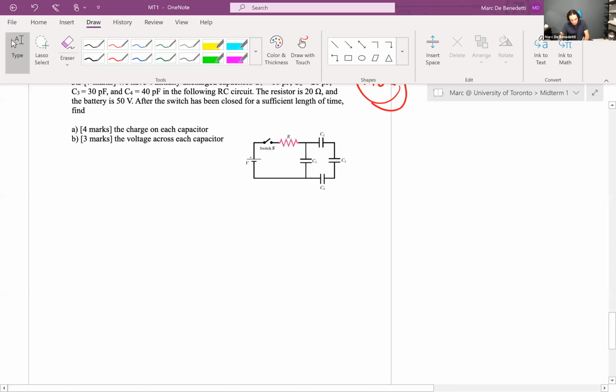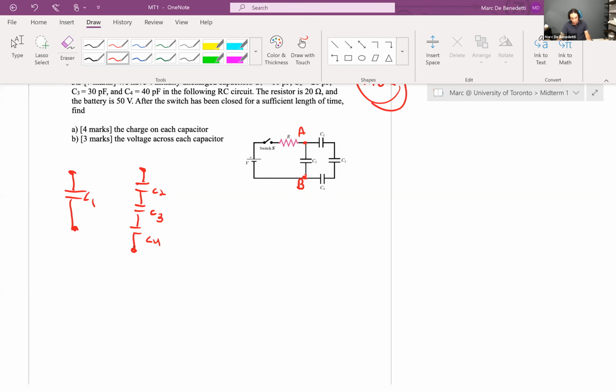So step 1 is realizing that you have the same voltage difference between, let's say, part A and part B. Capacitor 1 has a certain voltage difference, and then you have capacitor 2 in series with capacitor 3, in series with capacitor 4, and it also experiences the same voltage difference as its counterpart C1 because they're in parallel with one another.